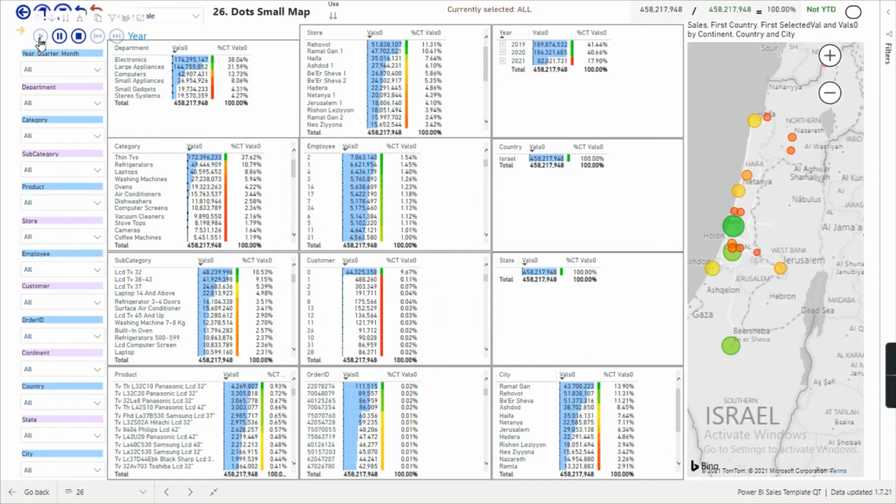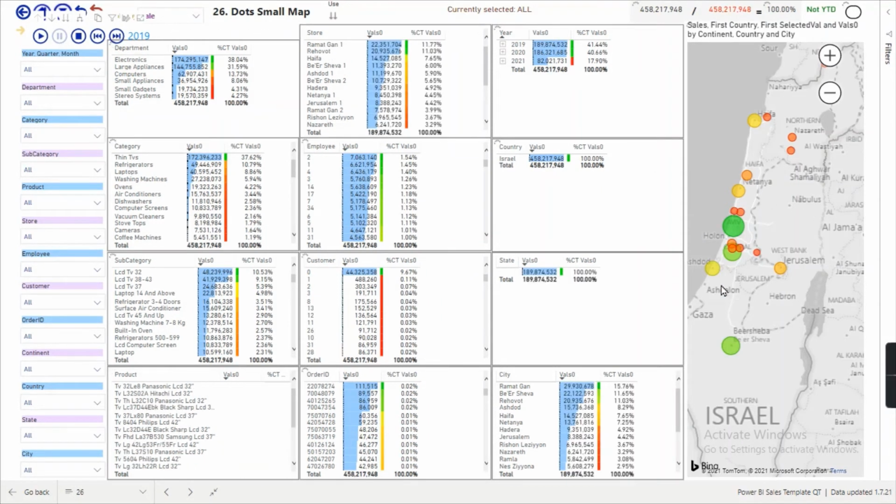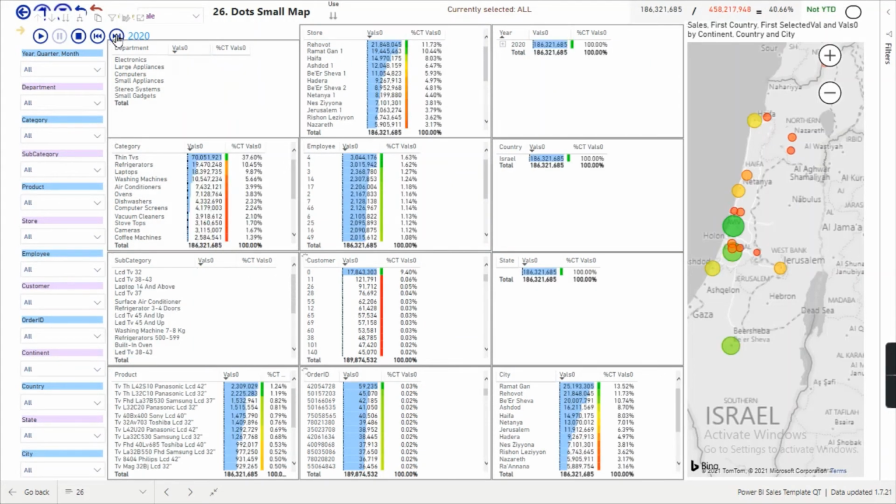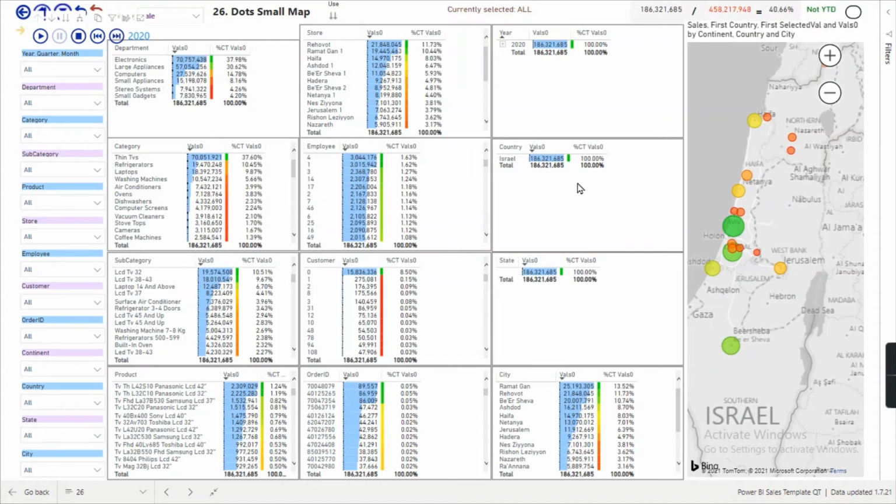Let's start. First year is 19. This was the map in 19. There was only a small store in Jerusalem, Jerusalem 2. The next year, 2020. You see, not a lot of changes except Jerusalem, and slowly Rehovot is growing.